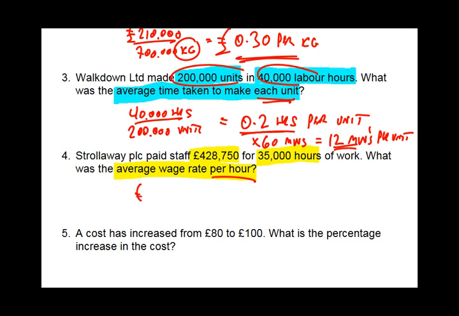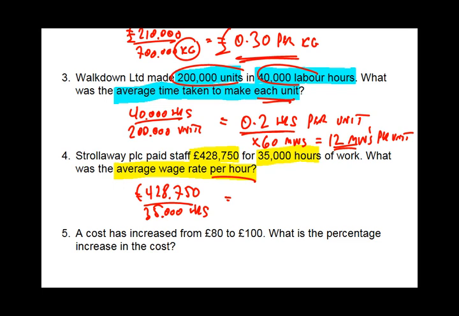So I take the cost of £428,750, divide by 35,000 hours, because it's per hour. Now you can clearly see here, 35,000 hours cost us an awful lot more than £35,000. So we're clearly paying our staff more than £1 per hour, which you would hope. If you were only getting paid £1 per hour, that wouldn't be a very good wage rate.